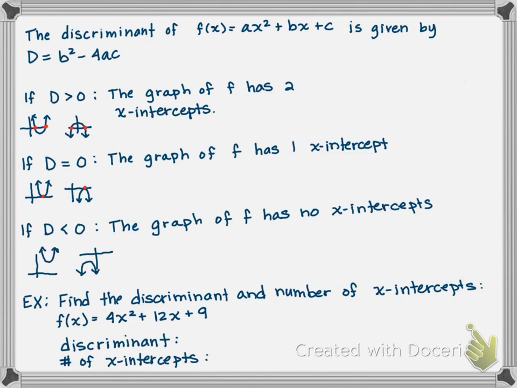One solution. There's one solution, yeah. So what was our discriminant? 0, yeah. So b squared minus 4ac was 12 squared minus 4 times 4 times 9, which was 0. And so we have one x-intercept. So that's basically your entire online homework. There's like 5 questions, and just do that over and over again.